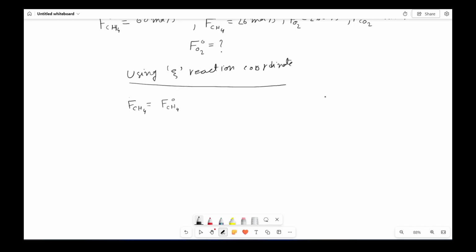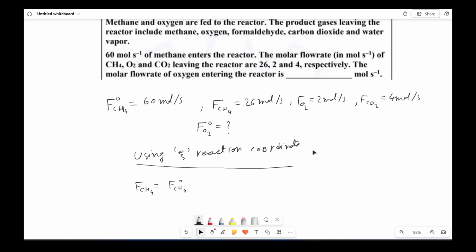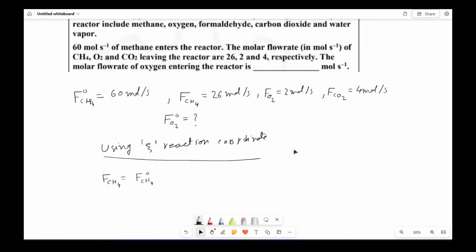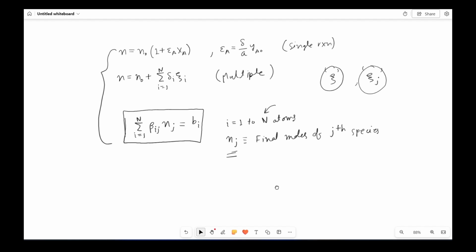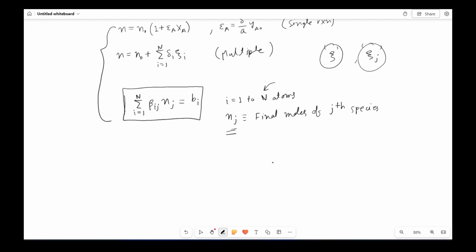Now, for getting the change, as we have shown for multiple reactions, the final moles will be as I have already written.